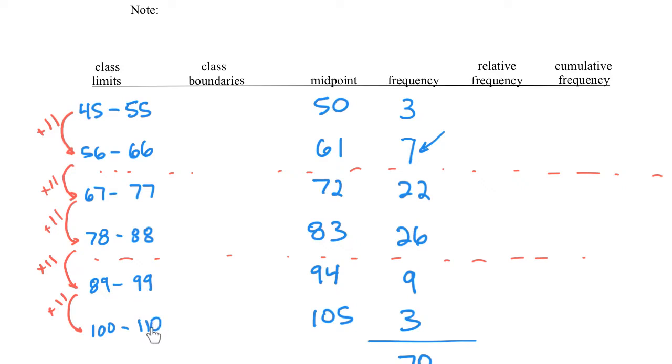This last number has to be big enough to contain the largest number. While this number will always be from our data set, because that's how we started, this number is not necessarily the largest number, but it will be at least as big as the largest number, because the largest number is going to fit in this last class.